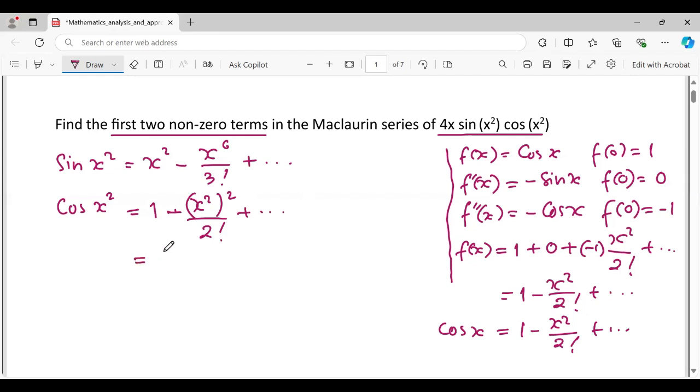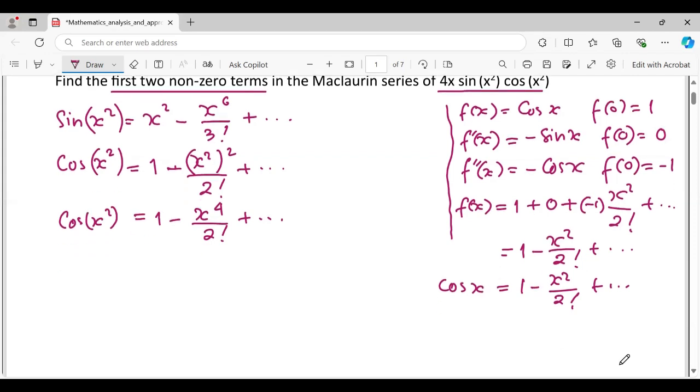It will be 1 minus x to the 4 over 2 factorial plus so on. Sine x squared and cosine x squared are both done.